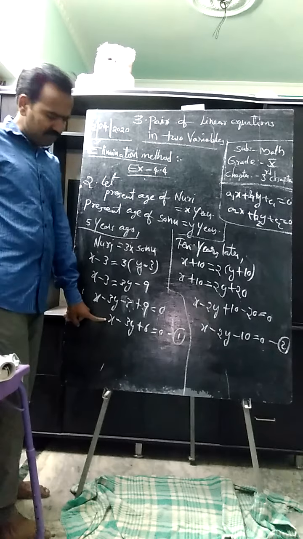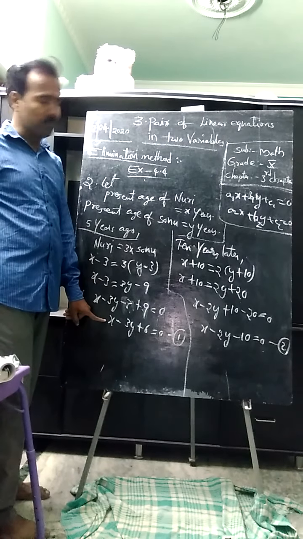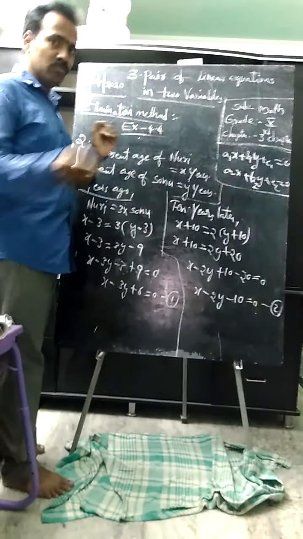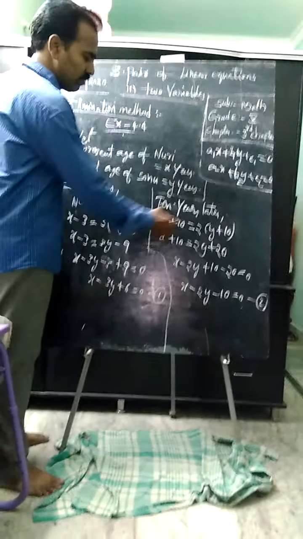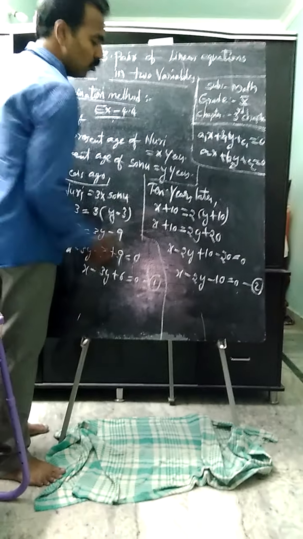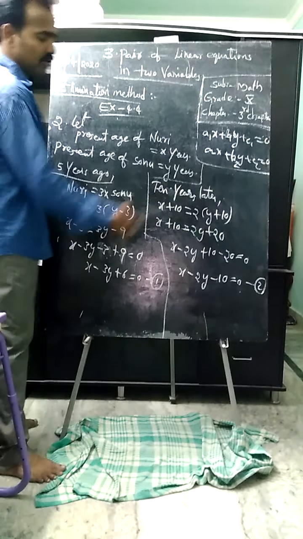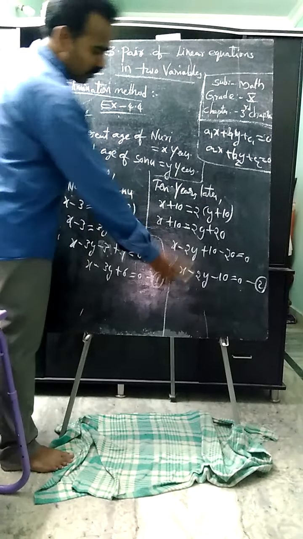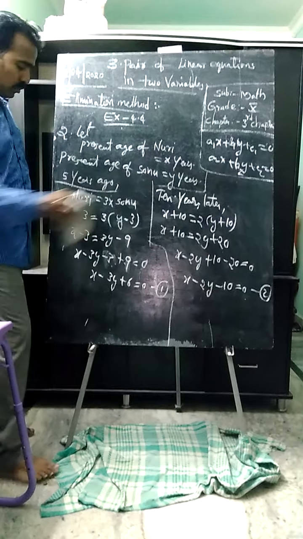If you simplify, we get one linear equation in two variables. Similarly, the second condition, 10 years later. Later means after, so we have to add. x plus 10 is 2 times y plus 10. If we multiply and simplify, we get a pair of linear equations in two variables, and we have to use the elimination method.